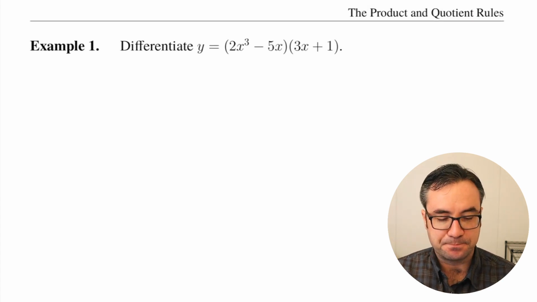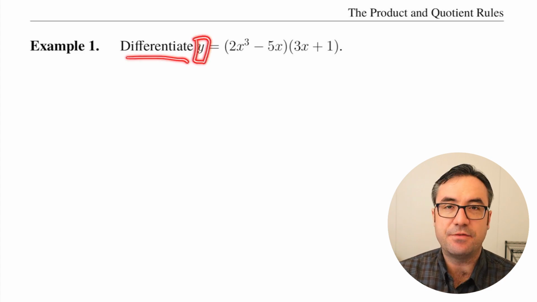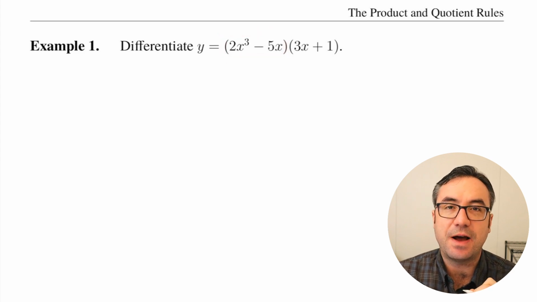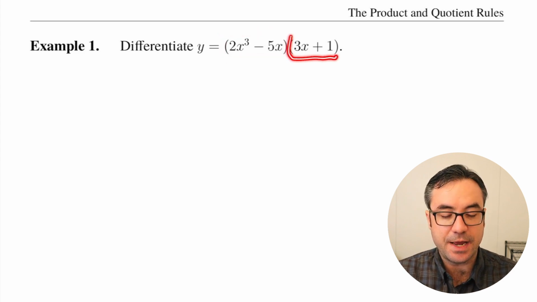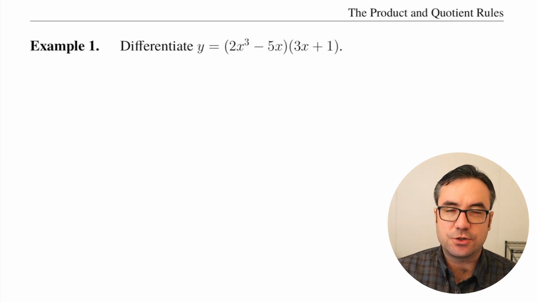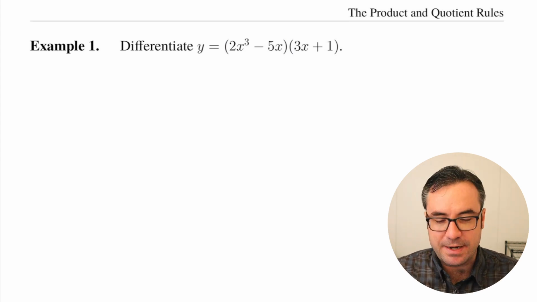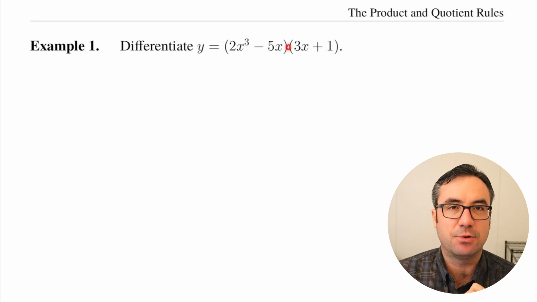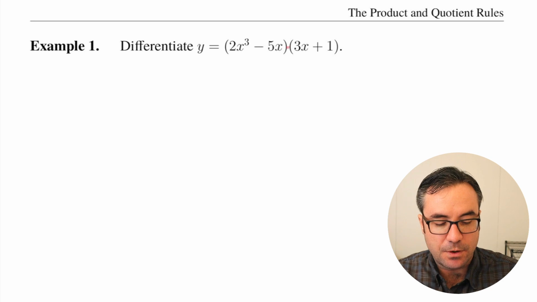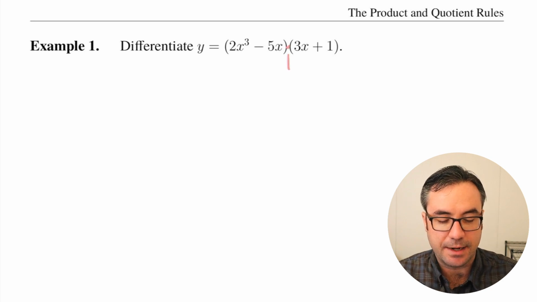So example 1, we're going to differentiate this function, and it's given as y equal to 2x cubed minus 5x times 3x plus 1. Again, it's not explicitly written with a multiplication symbol in between, but technically that's what's going on here: we're multiplying.